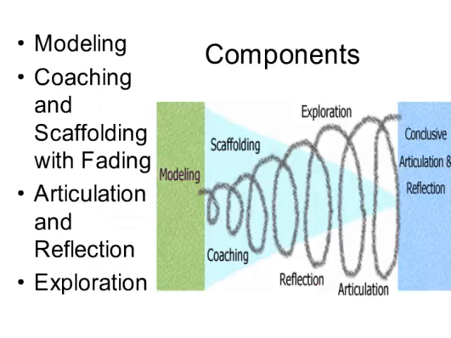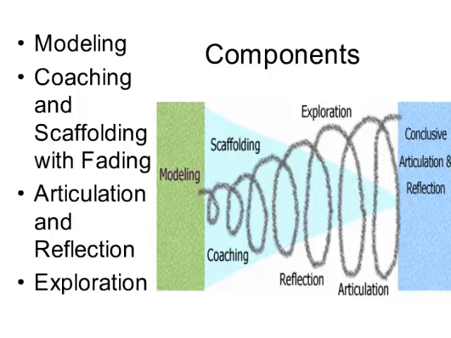All right. So the methods of cognitive apprenticeships include modeling, coaching and scaffolding with fading, articulation and reflection, and exploration. And there's a nice visual within the cognitive apprenticeships chapter that kind of shows how all these things fit together.